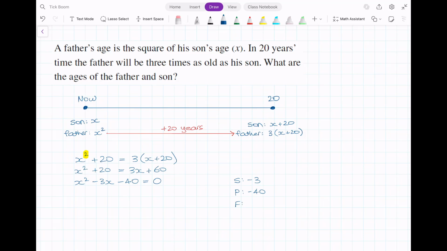Well, -8 plus 5 does get -3, and -8 times 5 does get -40. So those are my 2 numbers, -8 and +5.